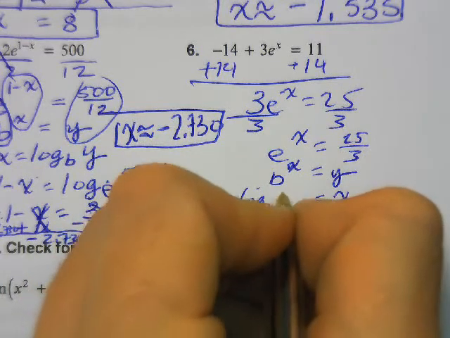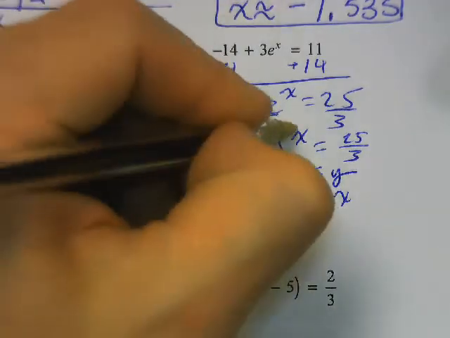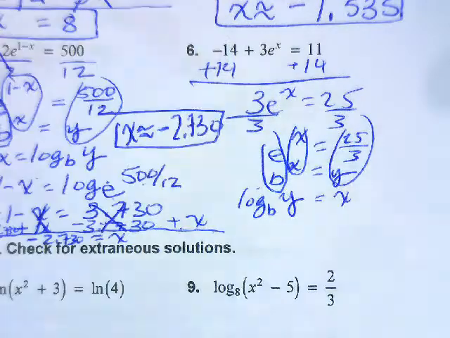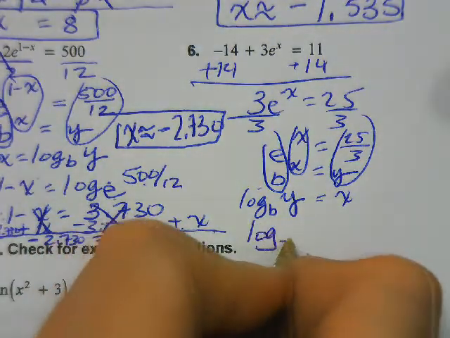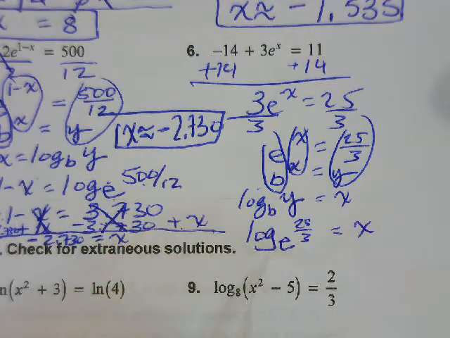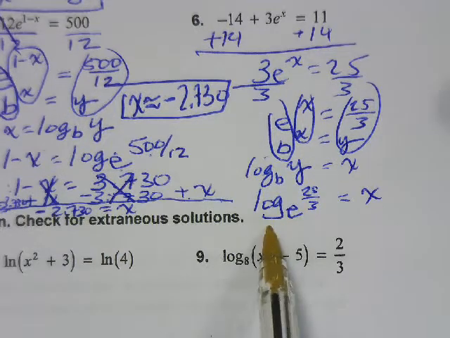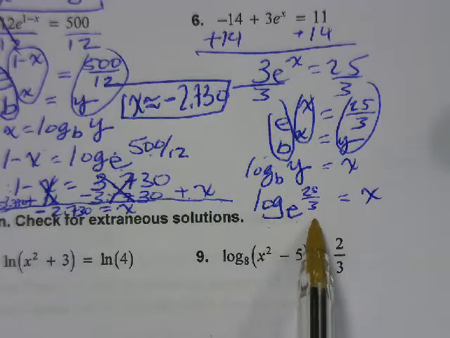So log in base e of 25 over 3 equals x. When I type this into my calculator, log in base e of 25 over 3 just equals 2.120. And that equals x. 2.120.